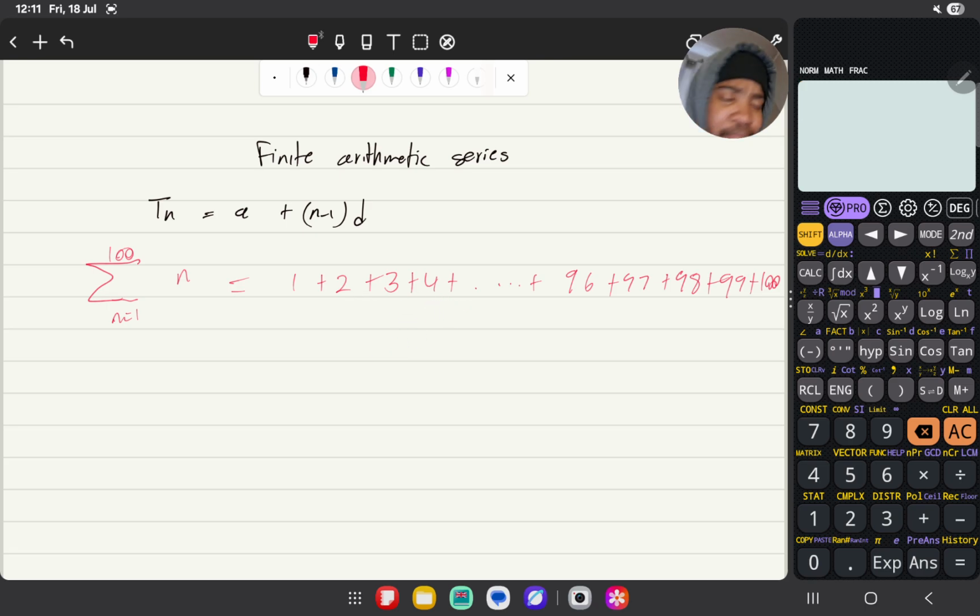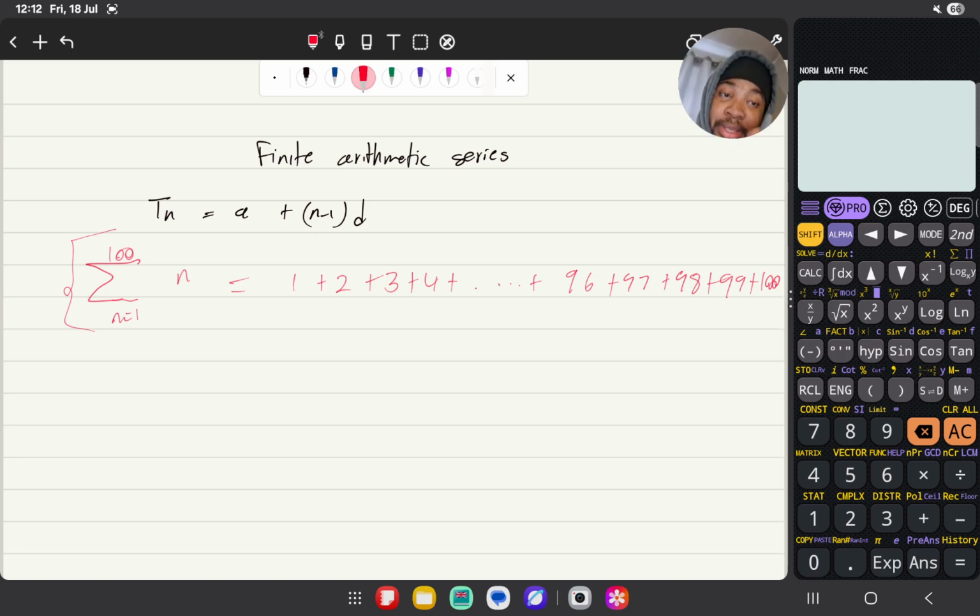The answer you get is the answer for this sigma notation. So this is basically an expansion of the sigma notation.